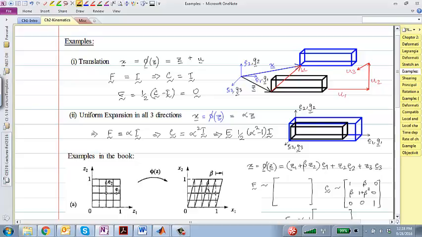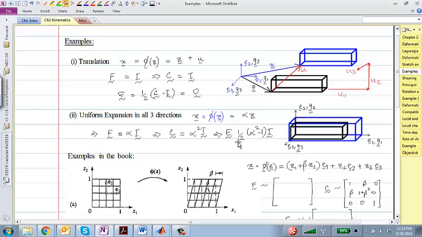So this says that the strain field is constant everywhere in the body, because it does not depend upon Z. It's the same strain everywhere in the body, and the strain is given by half of alpha squared minus 1 in all directions, because it's a uniform expansion in all directions.